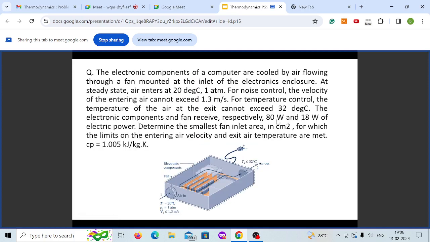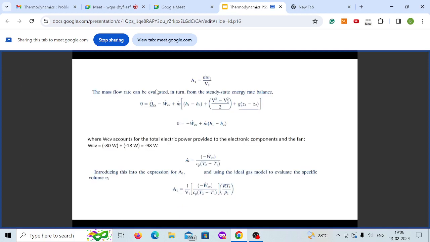They are saying there is no heat interaction with the environment, but you are supplying some work to both the electronic component and the fan. So you know how much work is going in, and you neglect both kinetic energy and potential energy. So you have mass of air going in, and the same amount of mass of air going out. So m dot (h1 minus h2).